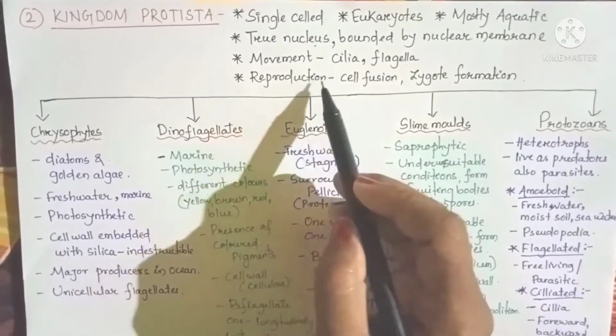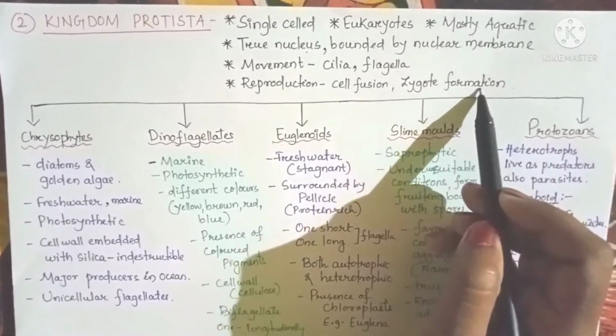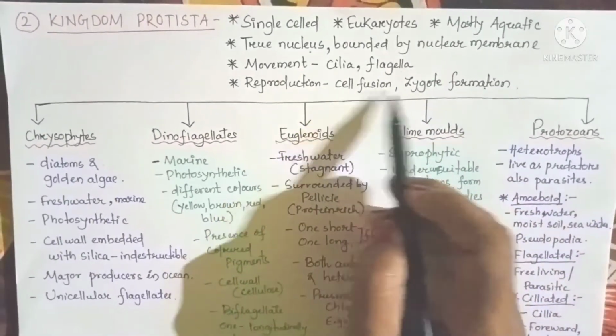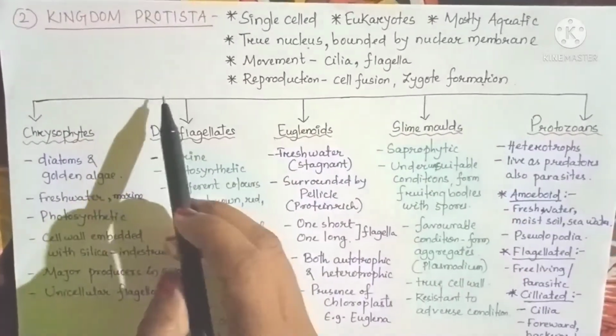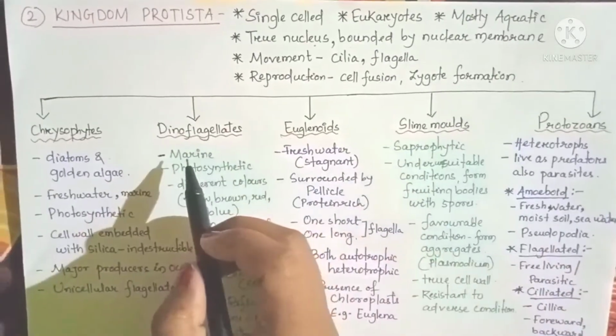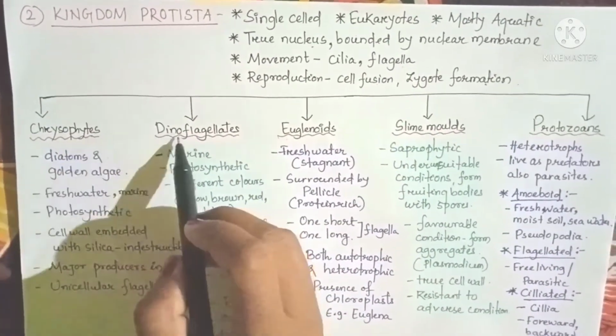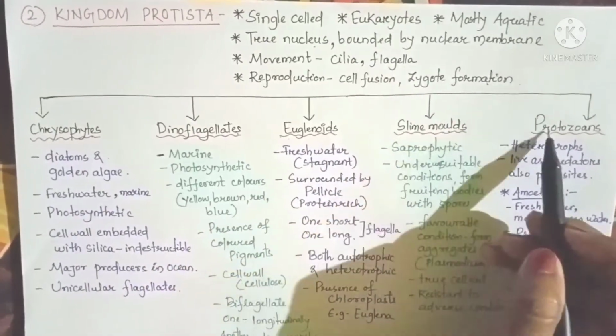Reproduction is by cell fusion and zygote formation. Both sexual and asexual modes of reproduction are followed. Kingdom Protista includes five different categories: chrysophytes, dinoflagellates, euglenoids, slime molds, and protozoans.